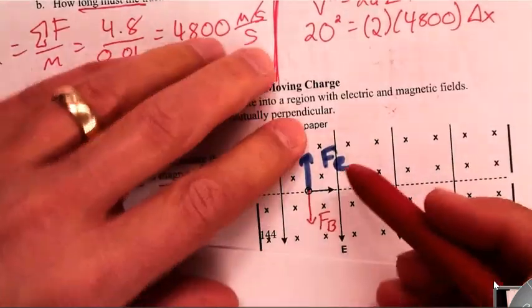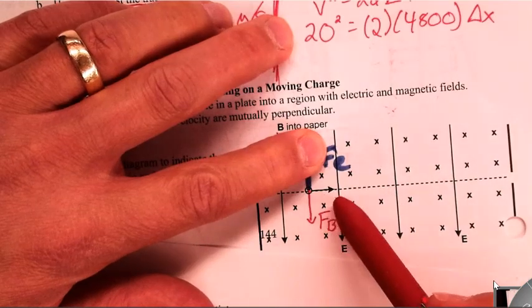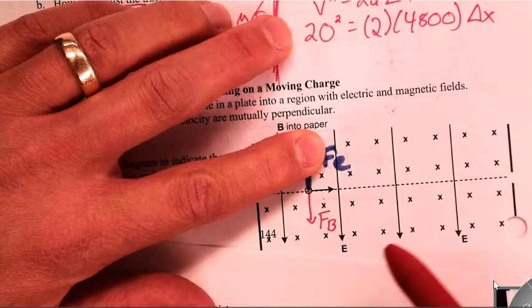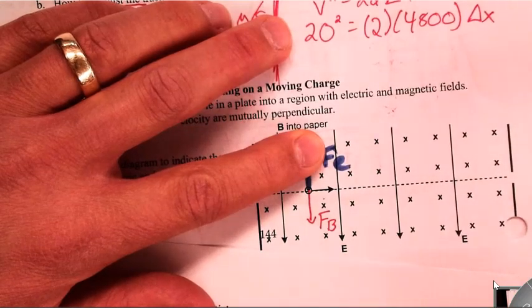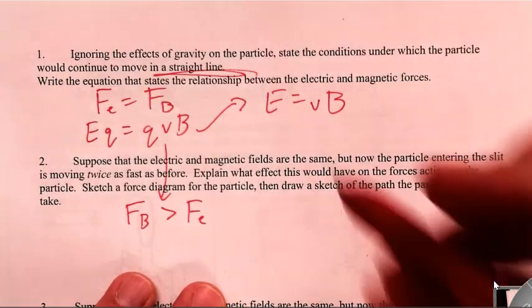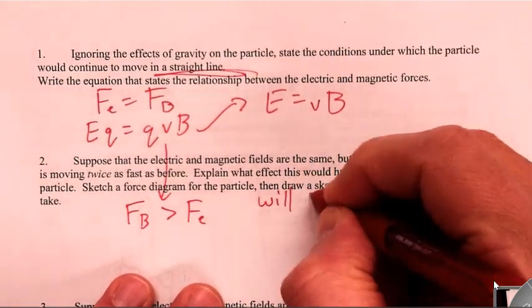And so if I go to my diagram, FB is going to be greater than FE. FE is really small, so it should experience a net downwards force. And it will turn. Yes, this thing will turn. And if you want to draw the path, you can probably do that.